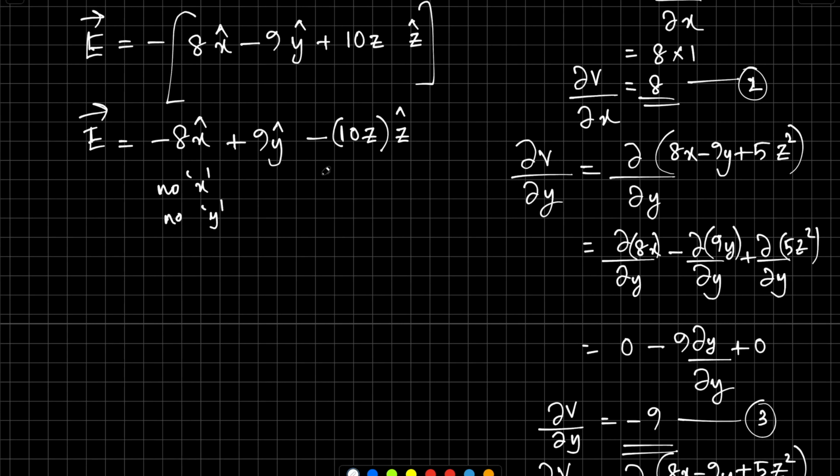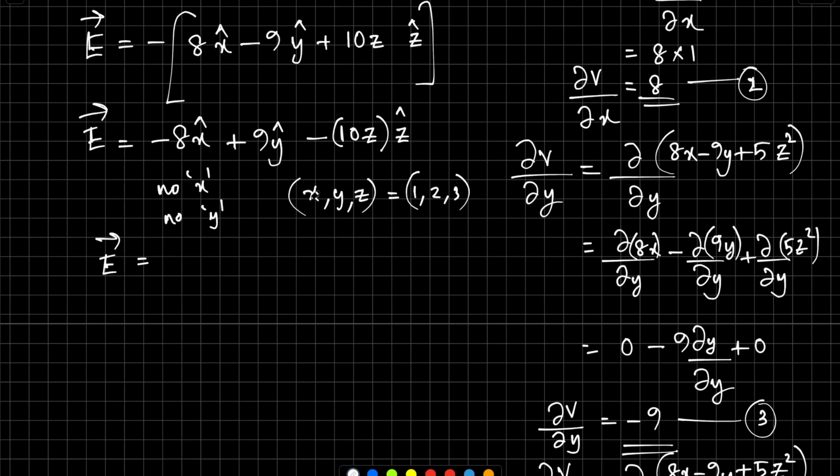What does that mean? Let's say we have a set of coordinates x, y, z equals 1, 2, 3, some random coordinates. How do you find the electric field vector? Replace x with 1, y with 2, and z with 3.